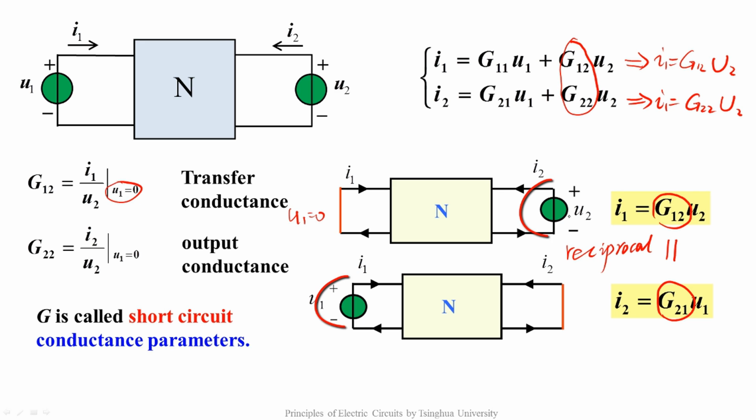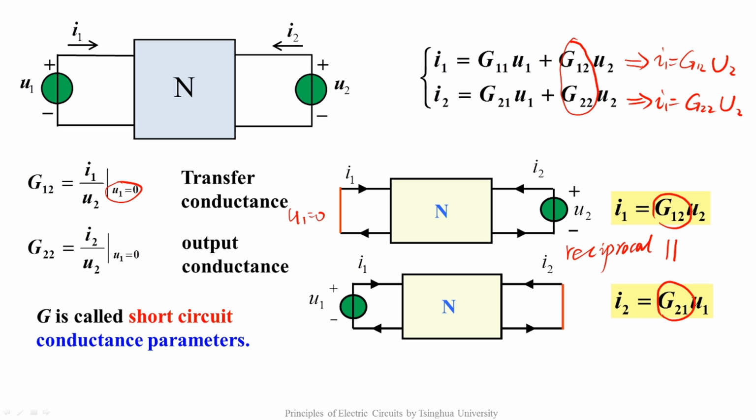If two voltage sources are exchanged, the corresponding currents flowing through the other port are the same, so the two-port is a reciprocal two-port. You may learn the reciprocal theorem in the following lectures or courses.